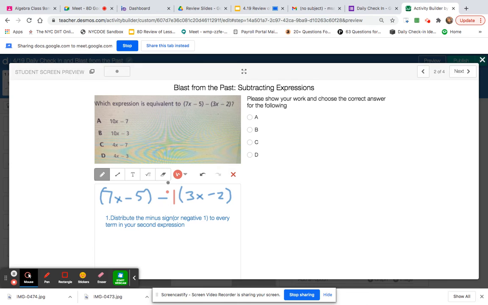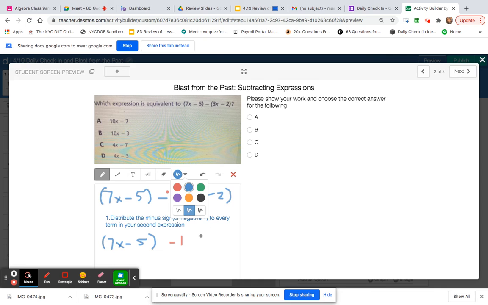So what I'm going to do, I'm going to rewrite the 7x minus 5 keeping it in parentheses. Then I'm going to take that -1, put it over here.